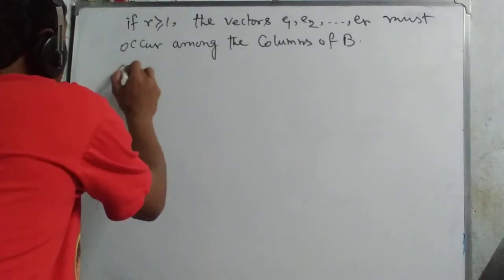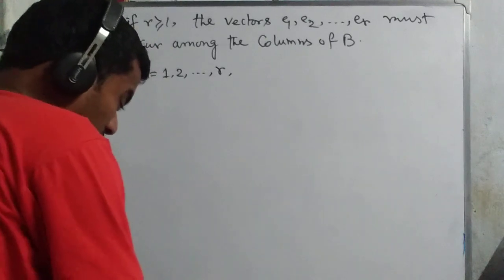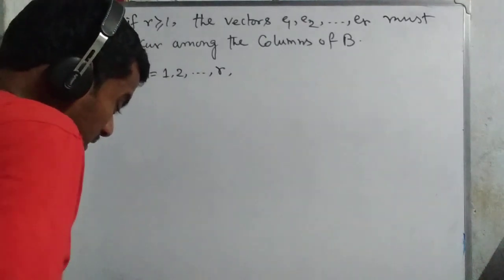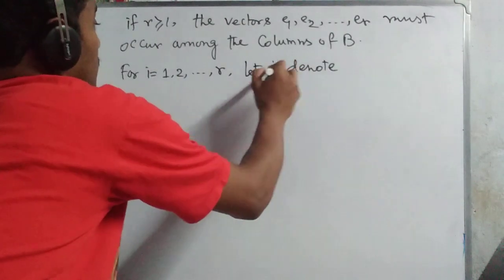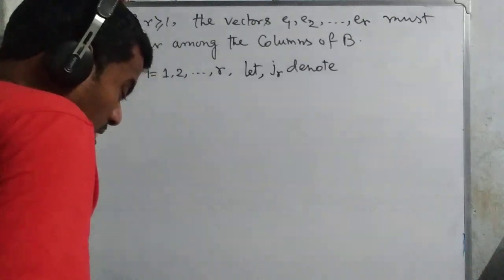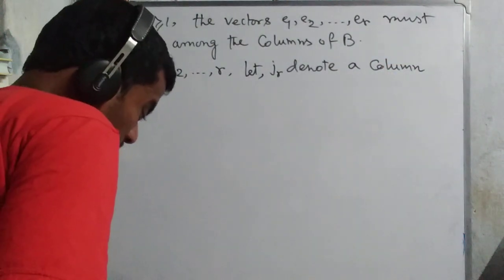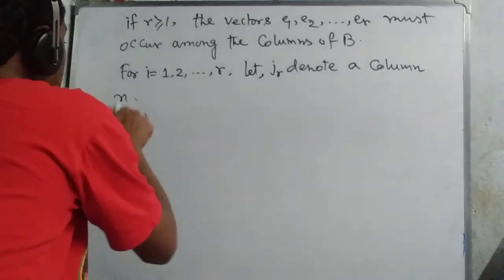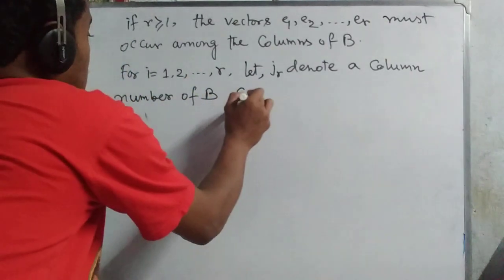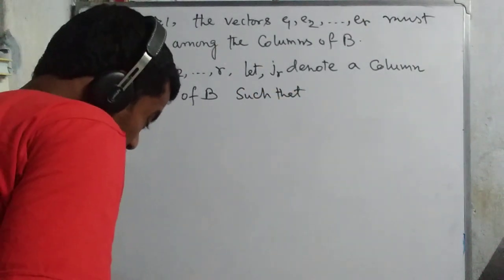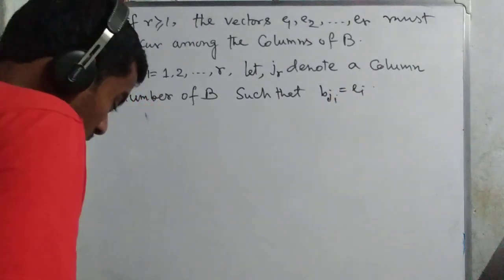For i equal to 1, 2, ..., r, let j_i denote a column number of B such that B_{j_i} equals e_i.